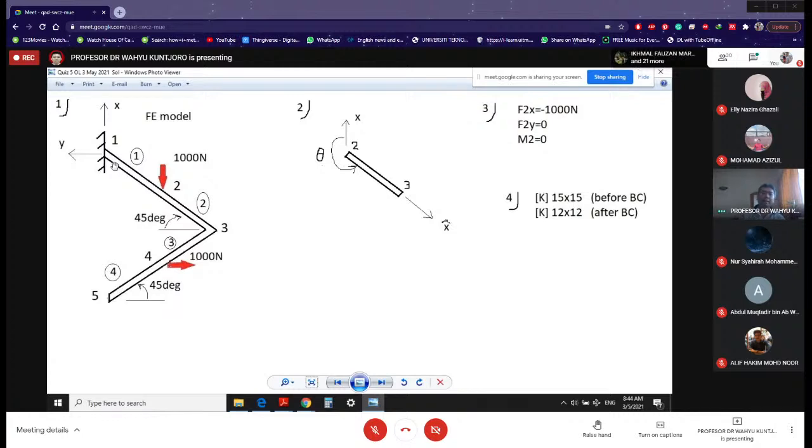That means it cannot move in x, in y, and it cannot rotate. So D1x, D1y, and rotation 1 are 0. Because of that, you reduce by 3 degrees of freedom. That's the reason for this answer: before you introduce the boundary condition, it is 15 by 15, and after you introduce the boundary condition, it is 12 by 12. All right, so that is how I expect you to answer the quiz.